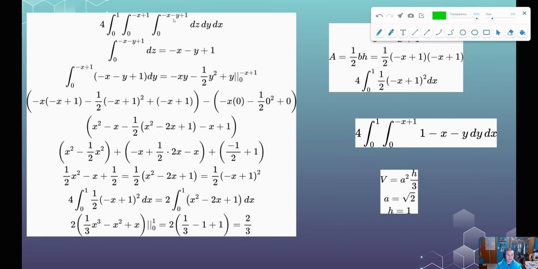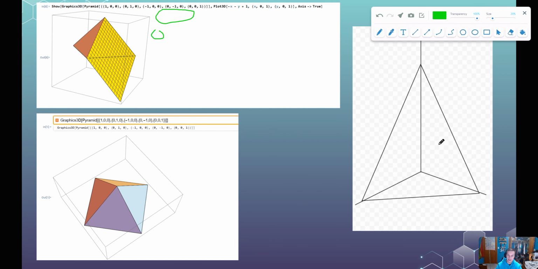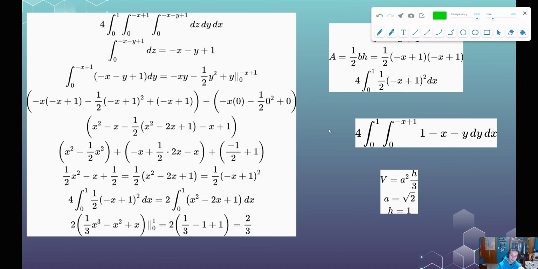So that gives us our first bound: z goes from 0 to the plane. Then we need to figure out some limits for y. If we go back, I said that the equation of this line here was y is equal to negative x plus 1. Rewind a couple of seconds if you missed that.